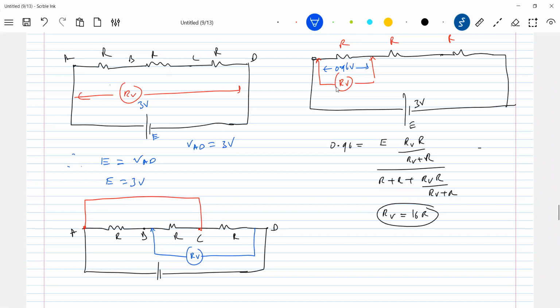Let's take it. So what will be its reading? I'll call it V naught, which we are supposed to calculate, or VBD, any symbol you can apply.